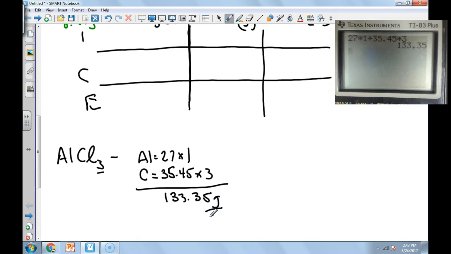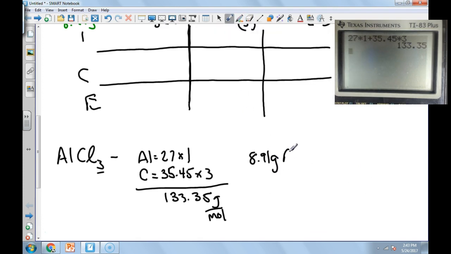Now, I suggest that whenever you calculate the molar mass, you use the periodic table and report these masses out to as many significant figures as your periodic table gives you. I'm just rounding the numbers because it makes it a little easier for me to do this right here. But now we're going to take 8.91 grams. Oh, you know what? I got ahead of myself. That can happen.